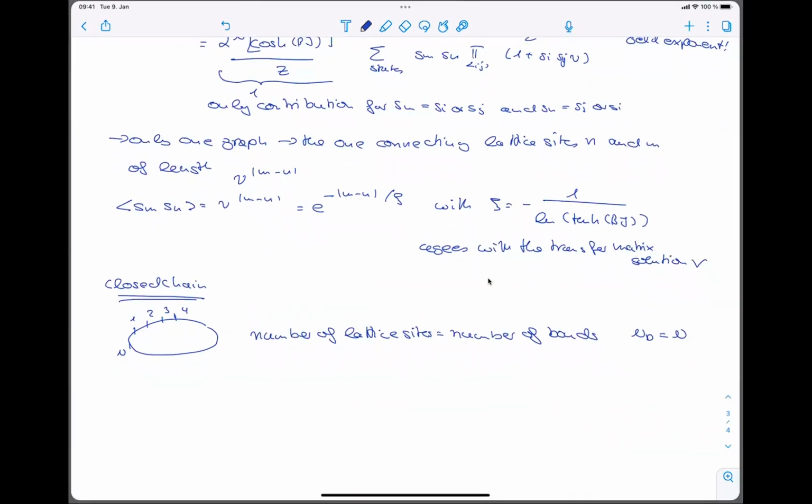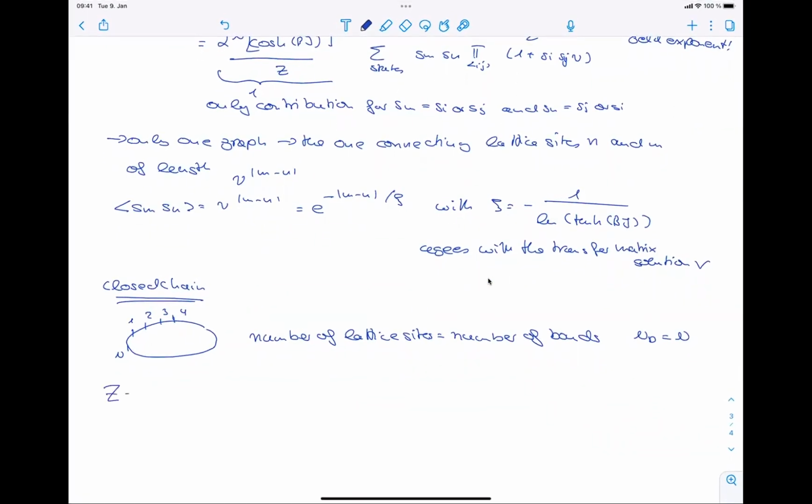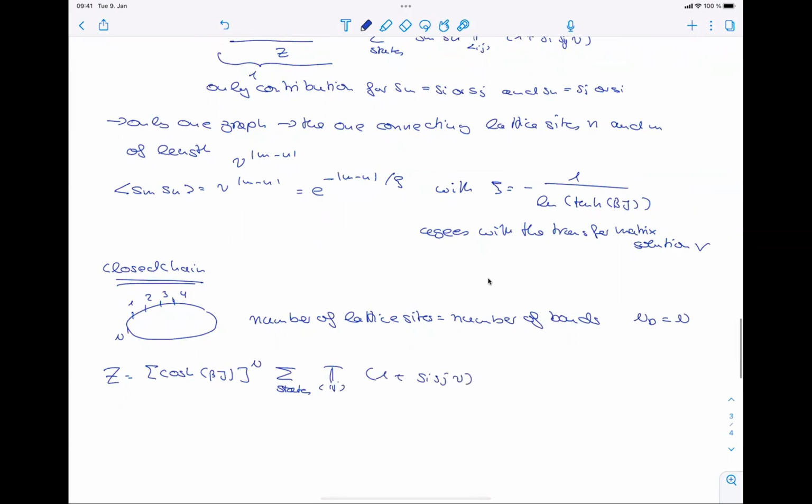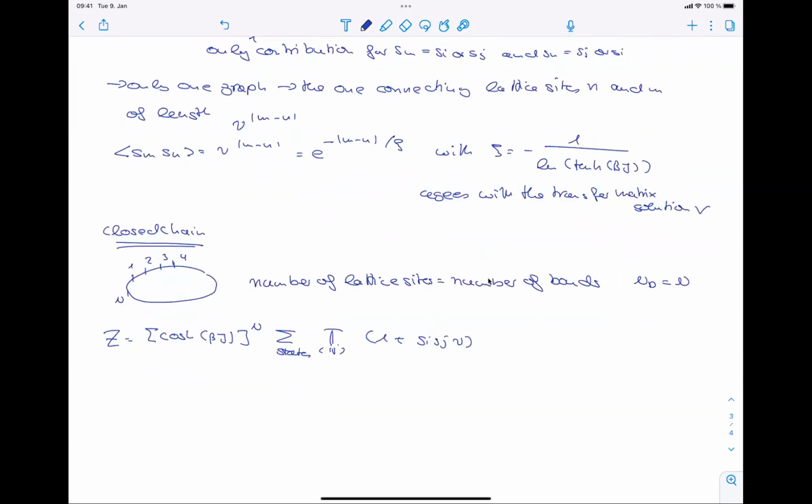And now the partition function looks different, right? Because now I can have a closed loop also for the partition function. Let me just copy down what we had here. So now this goes to the power of N. Again, we're summing over the states, 1 plus v S_i S_j. And now the one loop that we can have is the full circle, right?